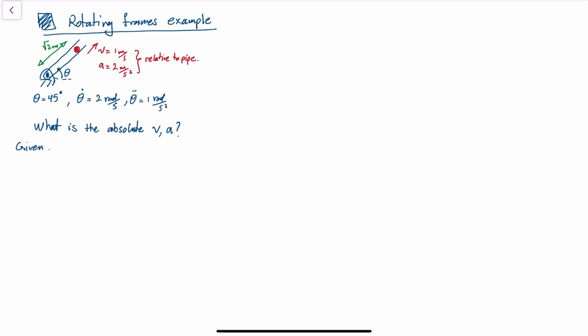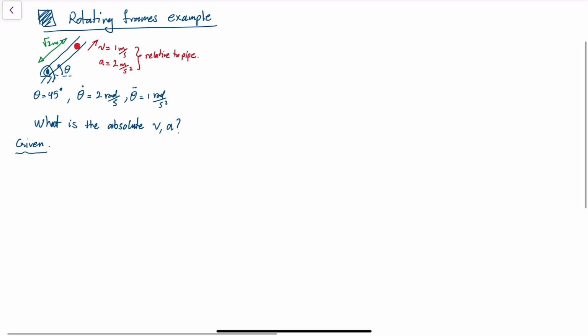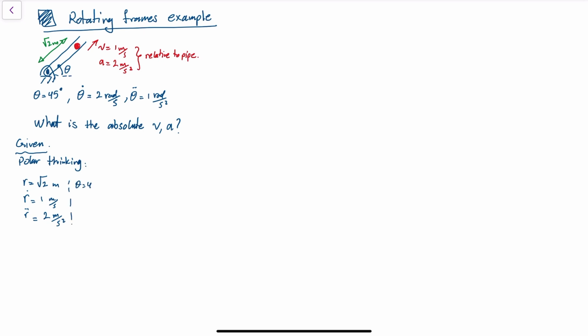So if you want to translate this information to polar thinking, for instance, r is square root 2, r dot is 1, r double dot is 2, and similarly theta is 45, theta dot is 2, theta double dot is 1.